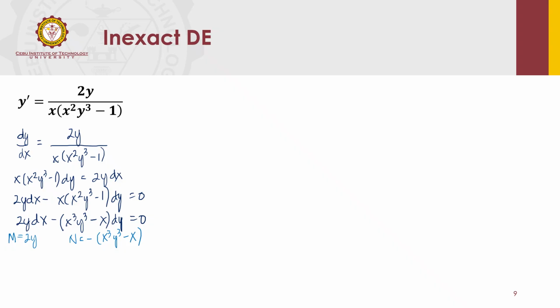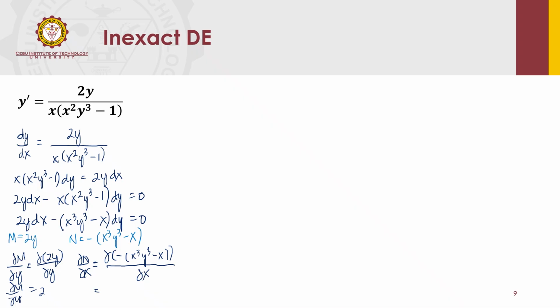So we're going to test if this is exact or not. M with respect to y, that's 2. And for N, differentiate it with respect to x. Y here is the constant.